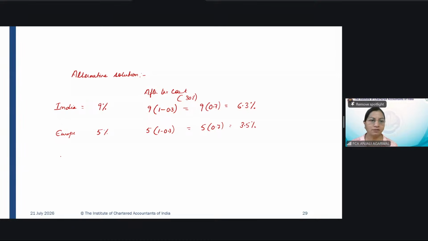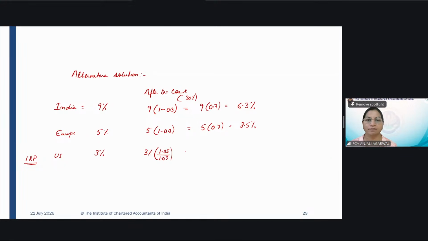But in US, you agree, it is 3%. However, if interest rate parity holds good, it will ultimately be 3% into 1.05, the rate of interest in Europe, divided by the rate of interest in US.